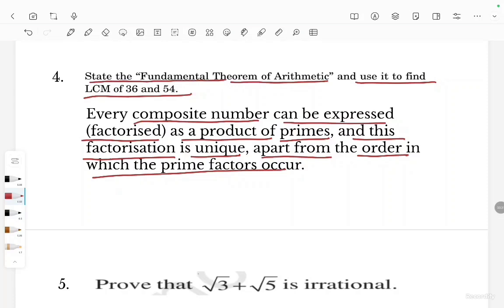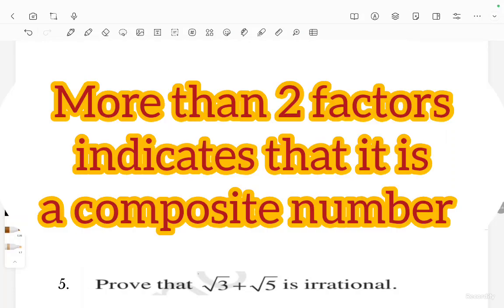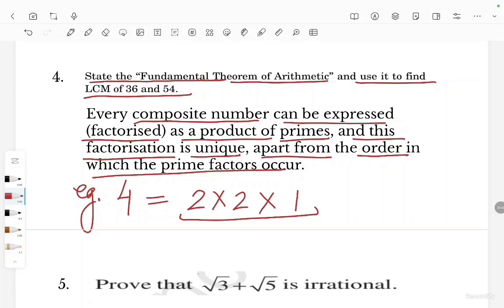For example, 4 is a composite number, it can be written as 2 into 2. It is a composite number and it is factorized as a product of primes, right? So this is the fundamental theorem of arithmetic.